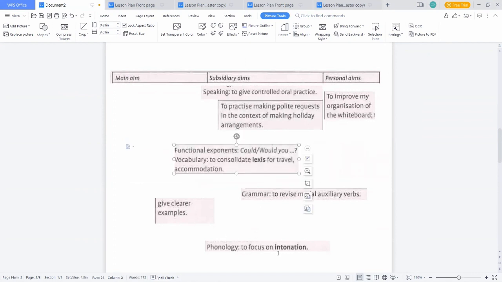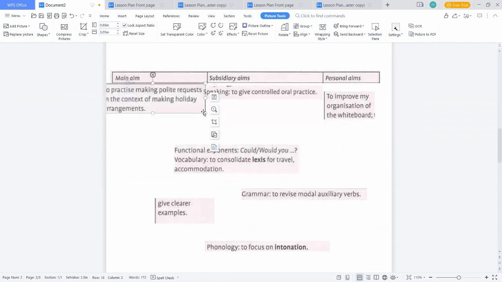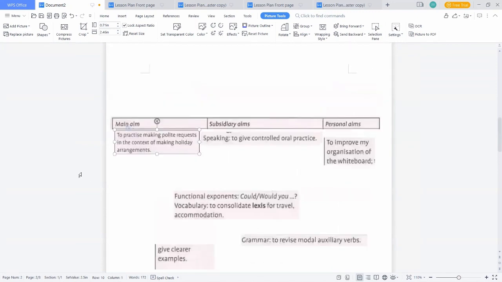Okay, so we've got the main aim: to practice making polite requests in the context of making holiday arrangements.